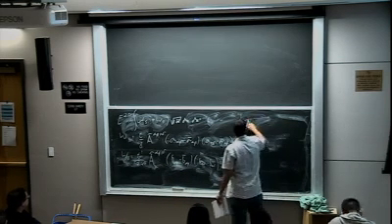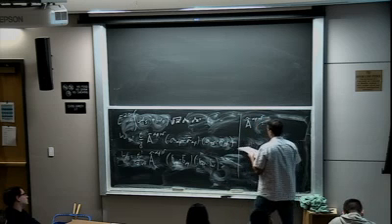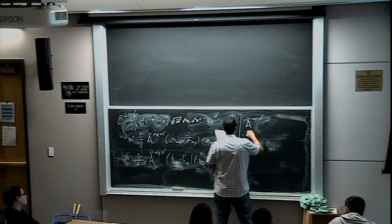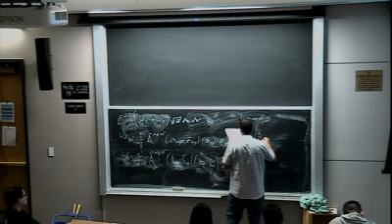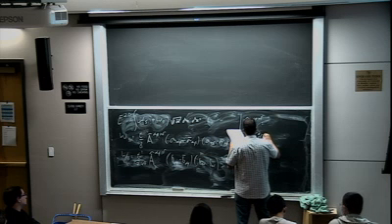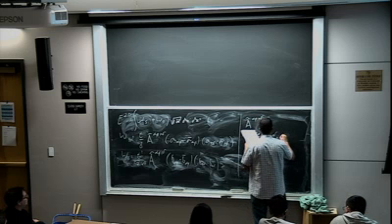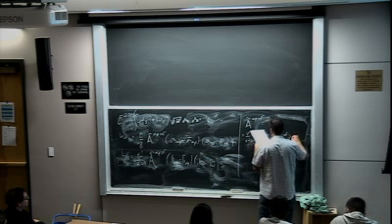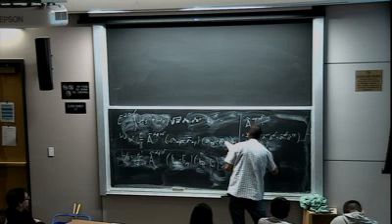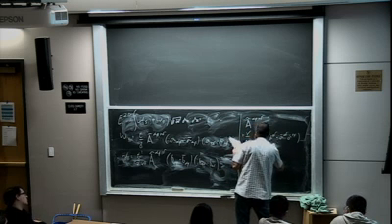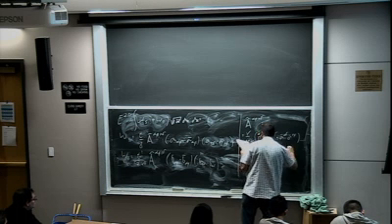The elasticity tensor for 2D reads Young's modulus over 1 plus Poisson ratio, times one half of A bar alpha gamma A bar beta delta plus A bar alpha delta A bar gamma beta, plus Poisson ratio over 1 minus Poisson ratio, A bar alpha beta A bar gamma delta.